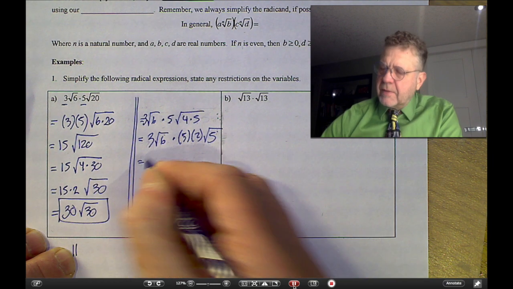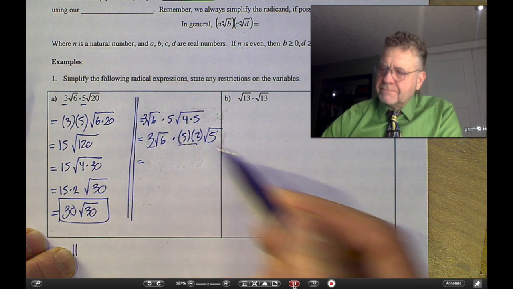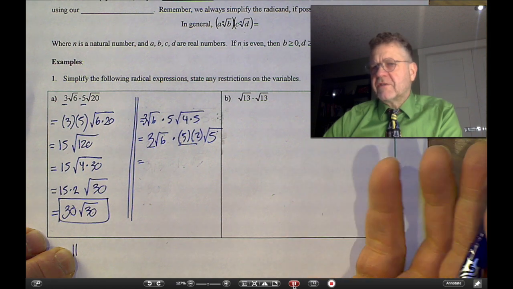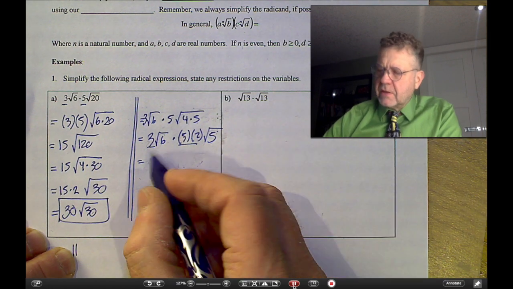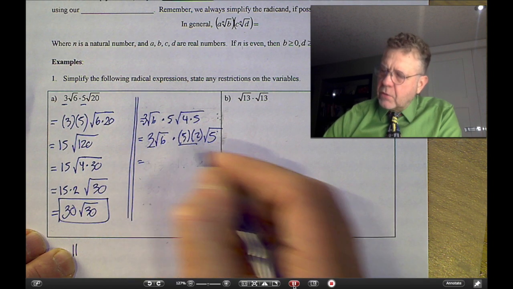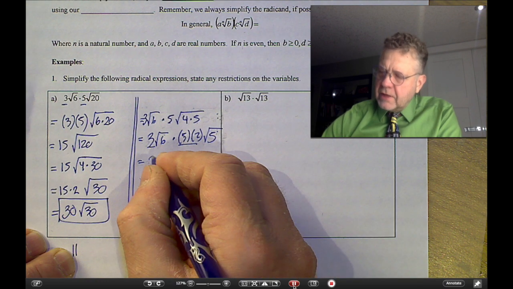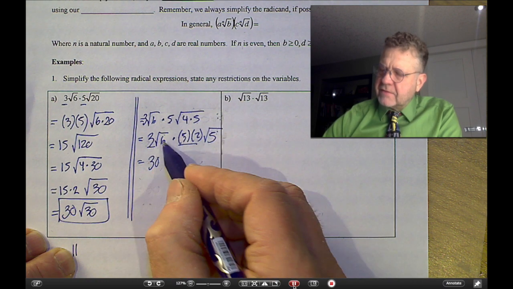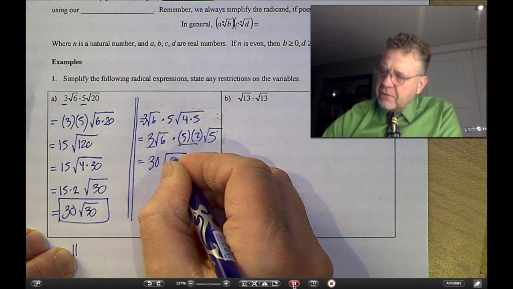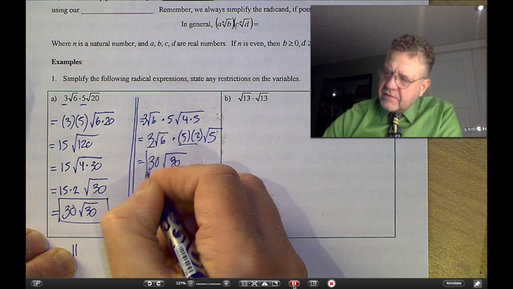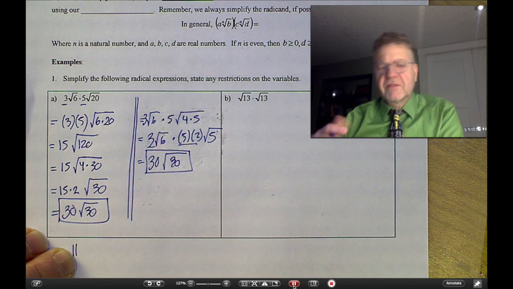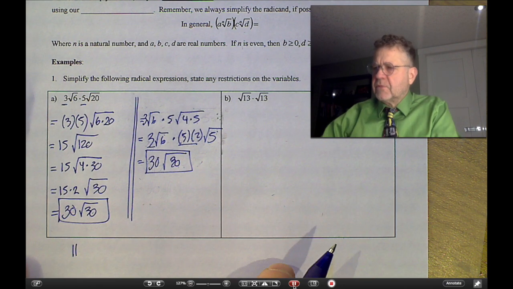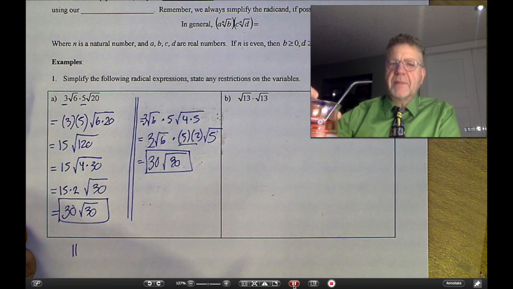And then, if I multiply all of the, I don't know, they're not really coefficients, they're part of the radical expression, 3 times 5 times 2 is going to be 30. And 6 times 5 is going to be 30 as well. And look, we get the same answer, even though we've done a slightly different procedure on it. It's all good. That's how math works.